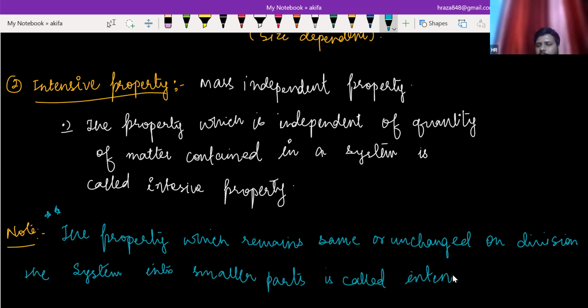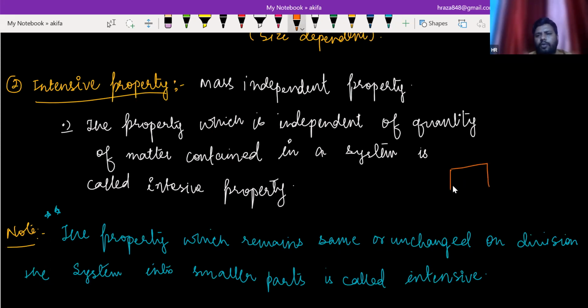Whenever you have a question asking whether the property is intensive or extensive, just think like this: divide it into 2 parts, and just think whether it is changed or not. It is a very easy example.